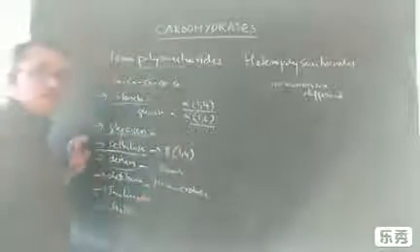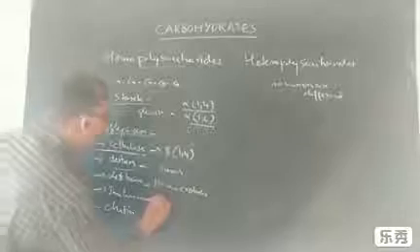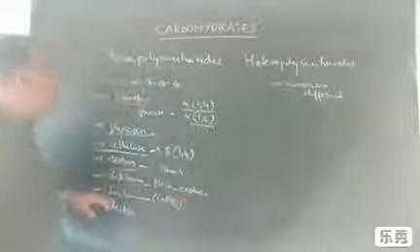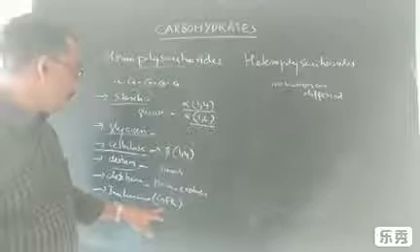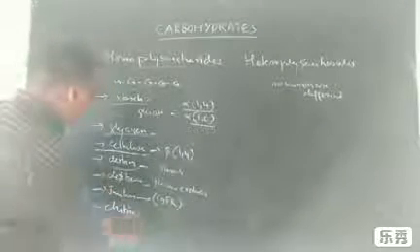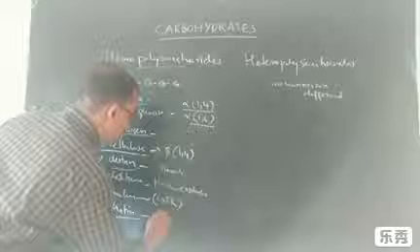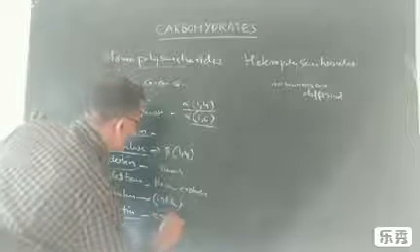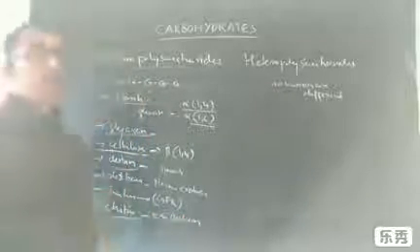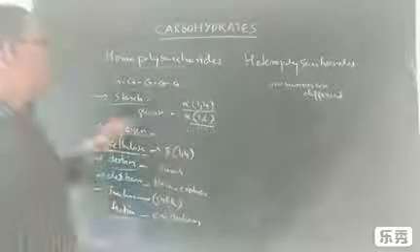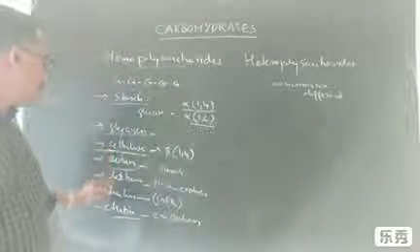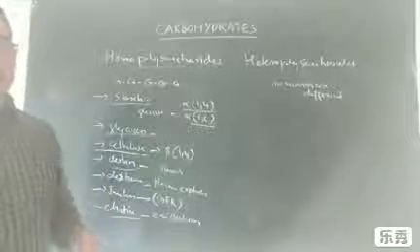Inulin is an important homopolysaccharide which is used for measuring glomerular filtration rate. Then chitin, which is present in the exoskeleton of insects. These are some of the homopolysaccharides: starch, glycogen, cellulose, dextrin, dextran, inulin, and chitin.